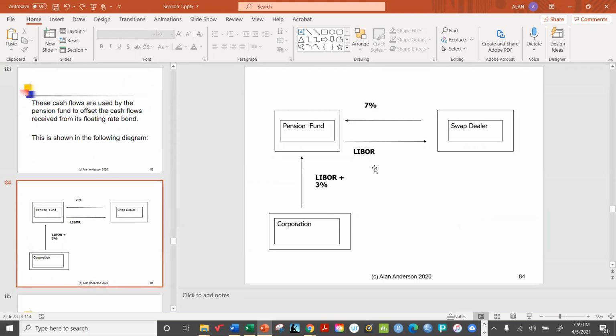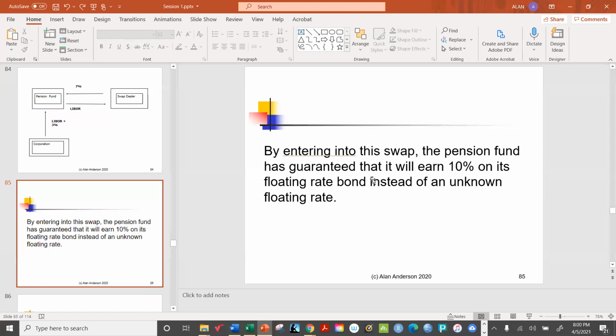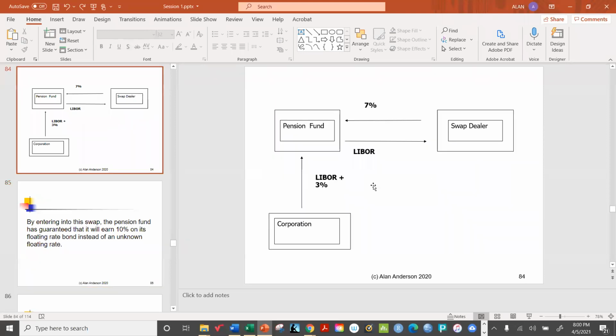So let me just show you what this looks like. So the corporation is actually paying LIBOR plus 3% to the pension fund. Now the pension fund in turn swaps this LIBOR to the dealer and in exchange receives back 7%. So when you look at these arrows, you'll see that they all cancel out, the LIBORs cancel out, and we end up with a net revenue of 10% per year, no matter what happens to LIBOR.